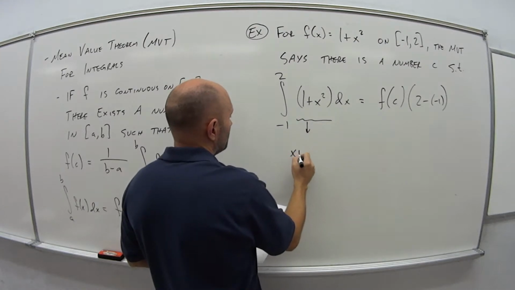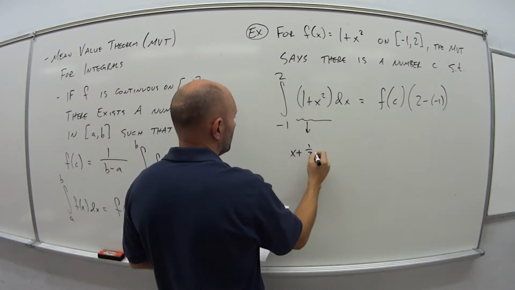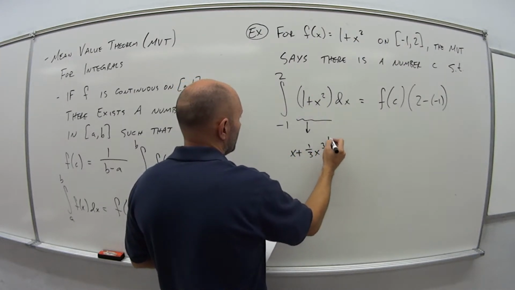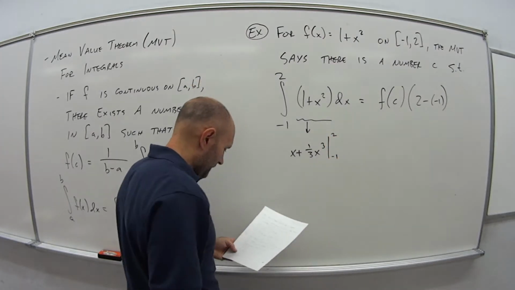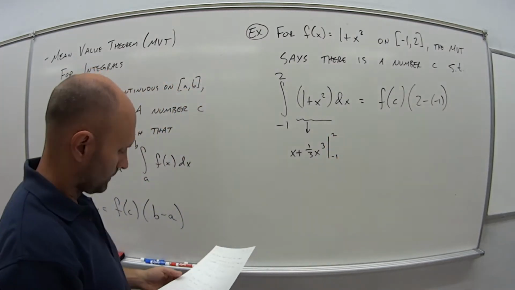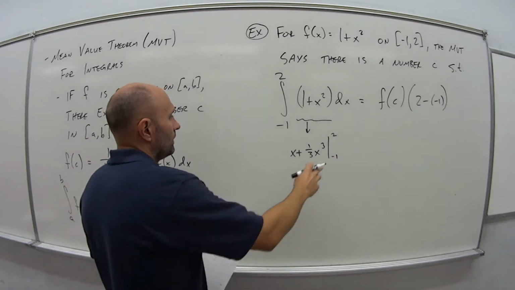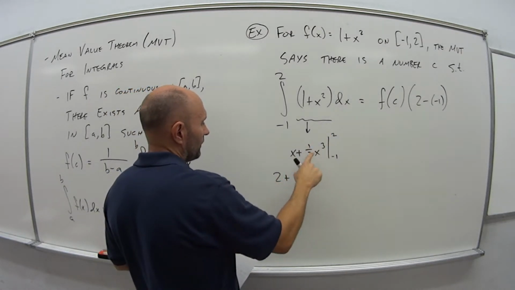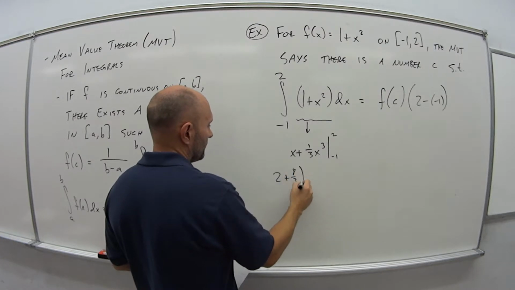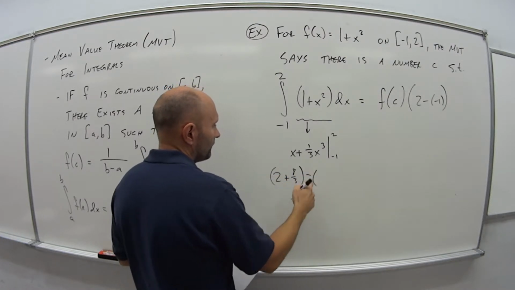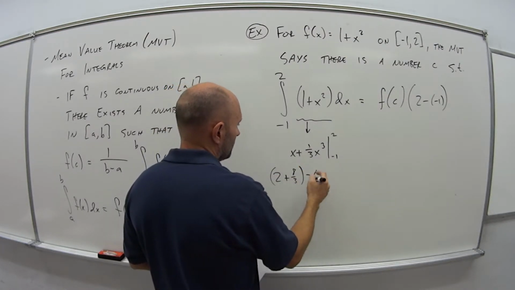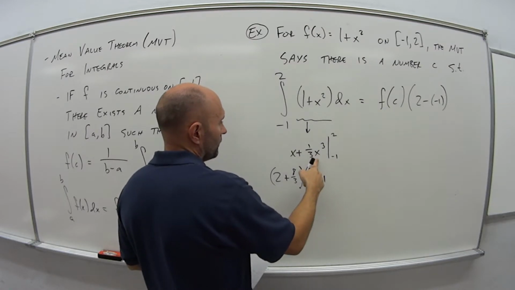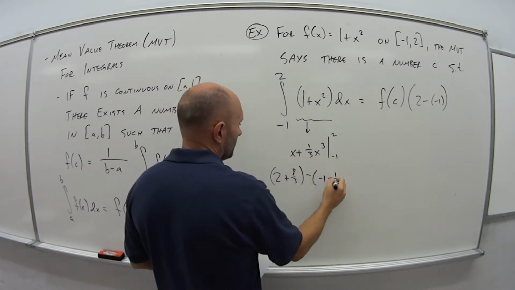I get x plus 1/3 x to the third evaluated at 2 to -1. So if I plug this in, I get 2 plus 2 to the third power is 8, so 8/3 minus -1. -1 to the third is -1, so minus 1/3.